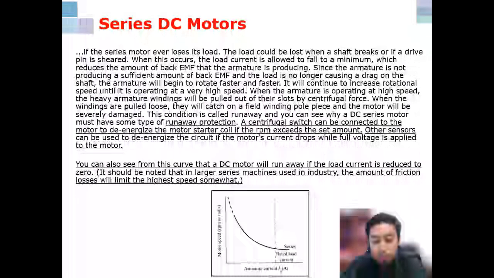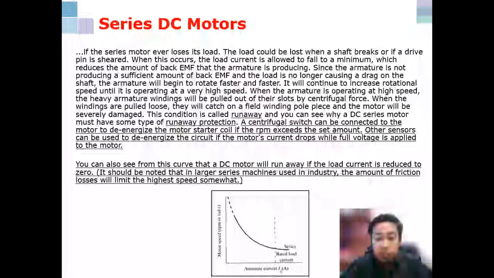Based on the previous slide, the series motor must always be connected to the mechanical load. So I want all of you to imagine what happens when the series DC motor loses its load.